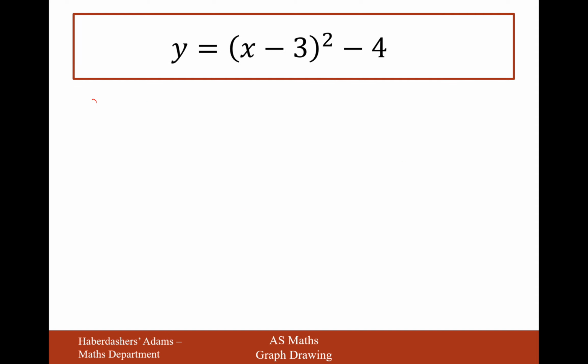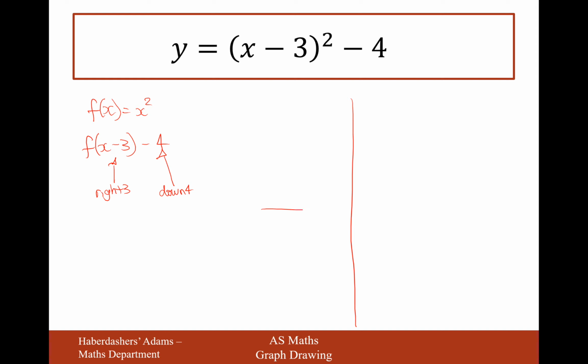Okay, moving on to the next one. So once again, we have a starting shaped graph of x squared, and the transformations that we're going to apply here are minus 3 inside the brackets and minus 4 outside the brackets. That means it will move right by 3 on the x squared graph, and then this minus 4 here will move it down by 4.